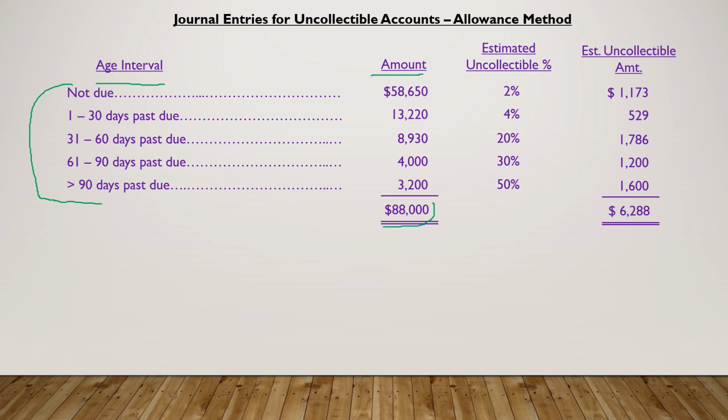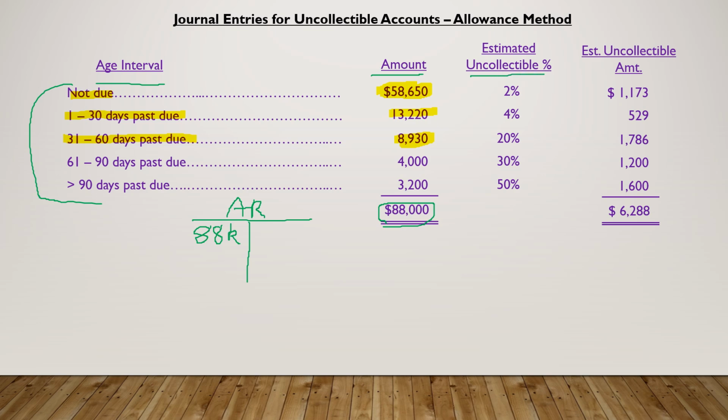In other words, $88,000 is the total debit balance of AR. $58,650 of that balance is not yet past its due date. $13,220 is between 1 to 30 days past due. $8,930 is between 31 to 60 days past due, and so on and so forth.